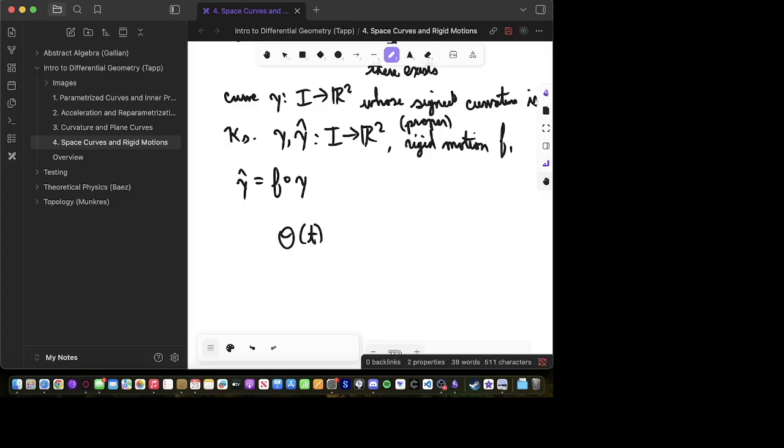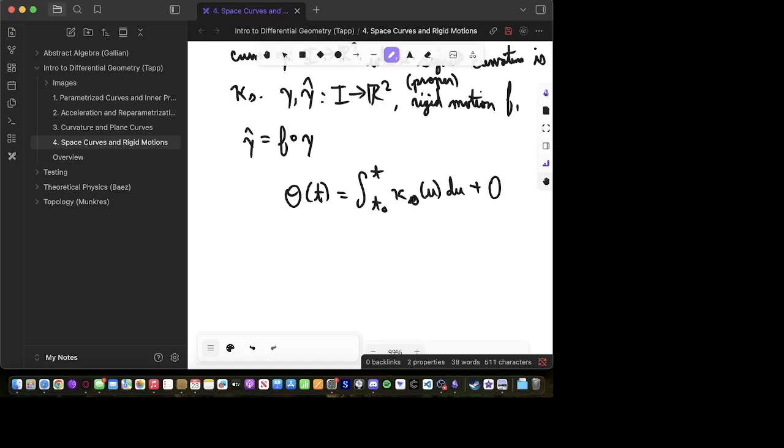First, we define the angle function as the integral of kappa of u du plus, let's call it 0 for now. Remember that signed curvature is the derivative of the angle function, so we can just define it like so.